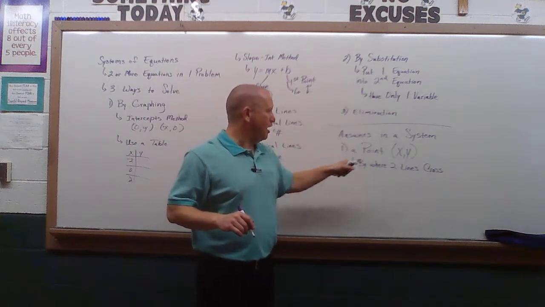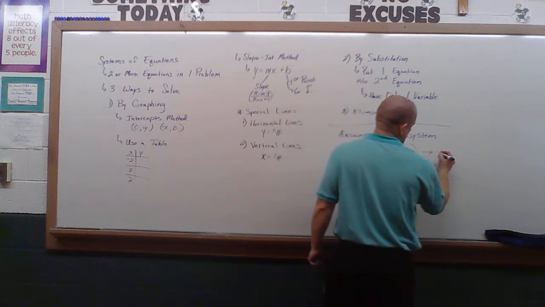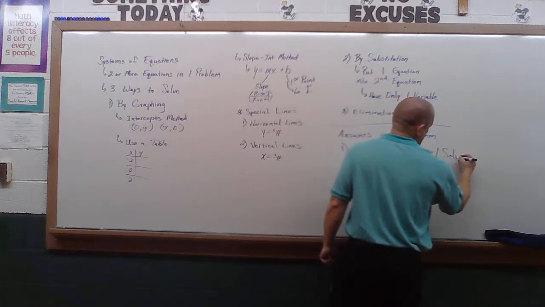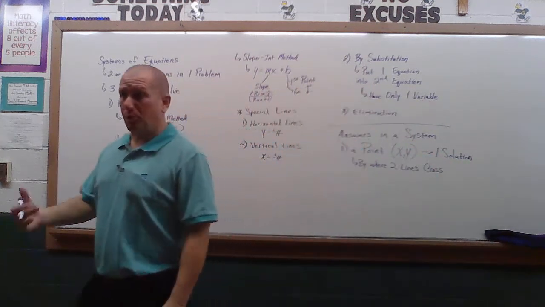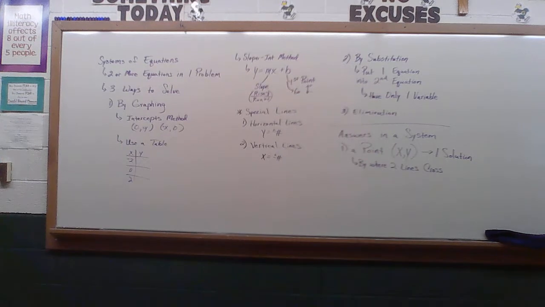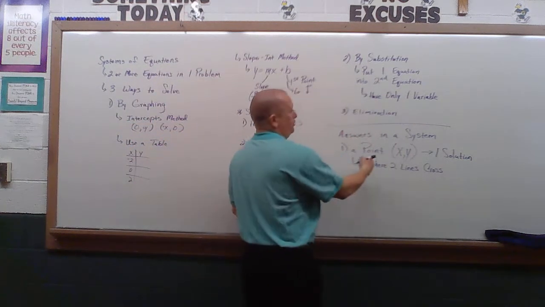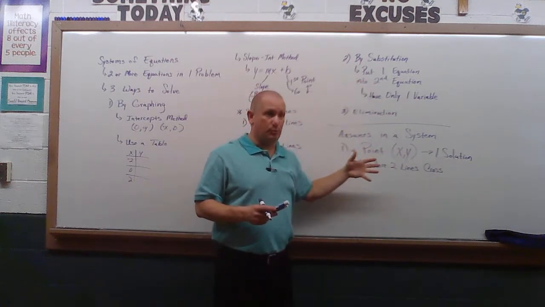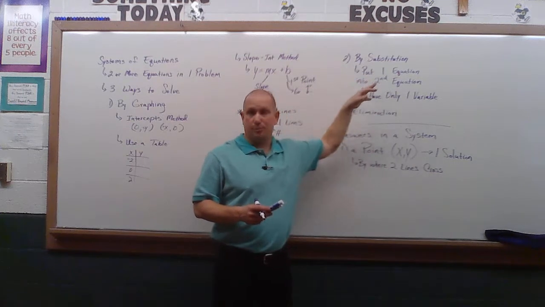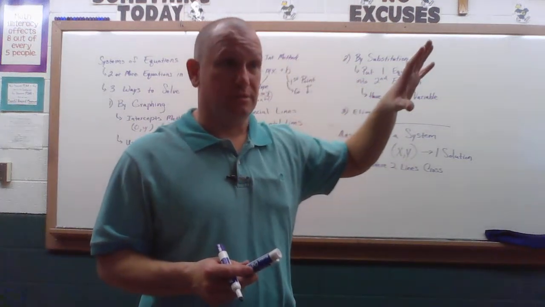Okay, so you can have a point, or another way of seeing this is there's one solution. And that one solution is that specific point where they cross. Okay? Now, when you do substitution, your one point is just what you come up with when you eliminate one of your variables and you actually see the coordinates of your point.